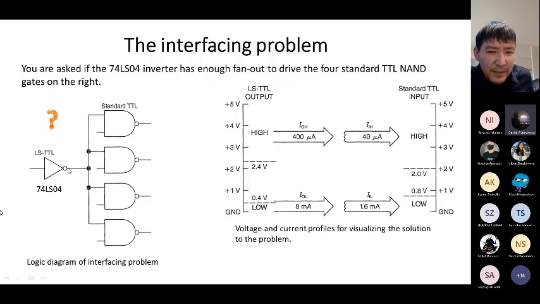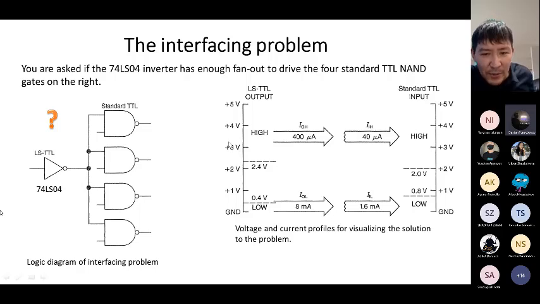When the output here is high, it means that the input to these gates is also high. Each standard NAND gate takes 40 microamperes. So what does it mean? It means that when the output is high, this inverter can power up to 10 NAND gates, right? Have you understood the idea?